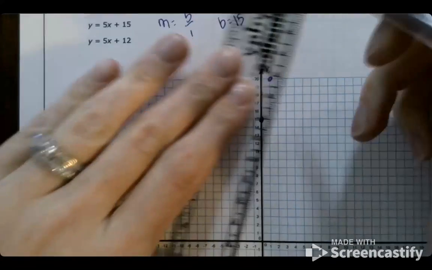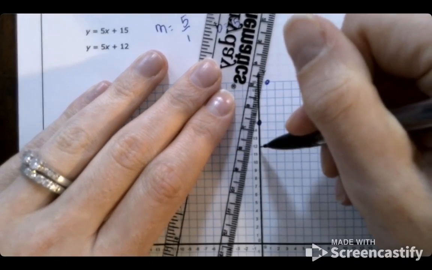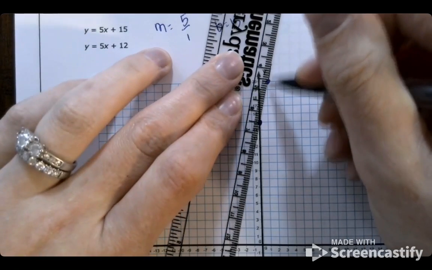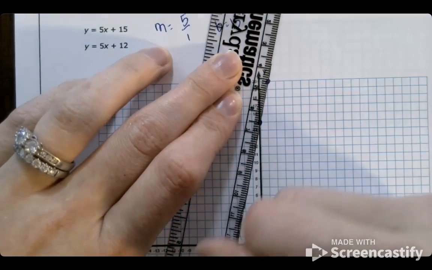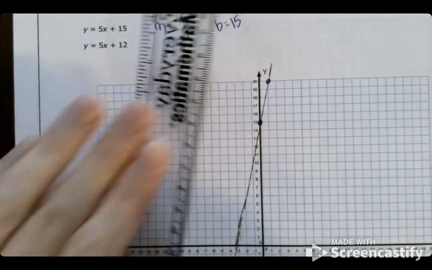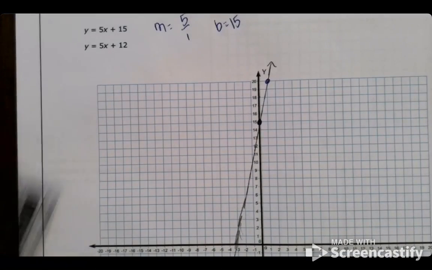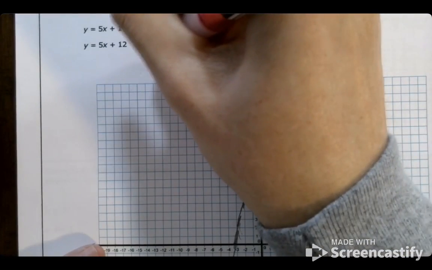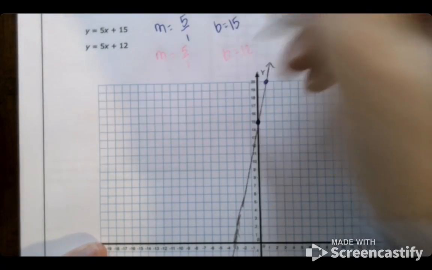And then from there, doing the same thing, M is 5/1, B is 12.